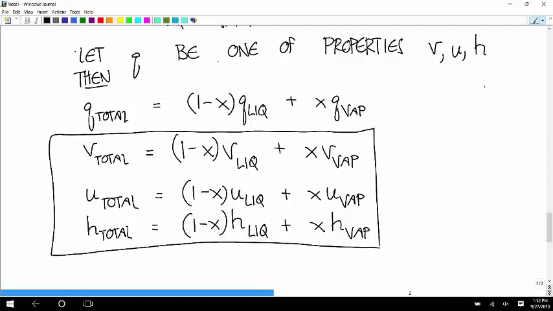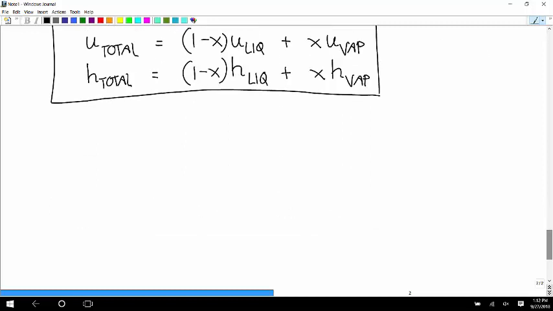So let me do an example. Let's say that we have water that's at saturation.